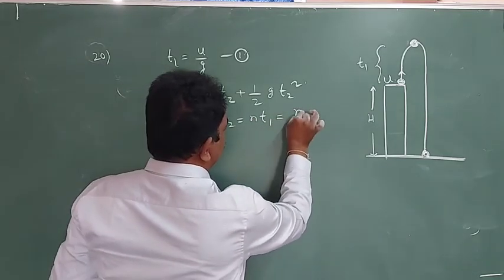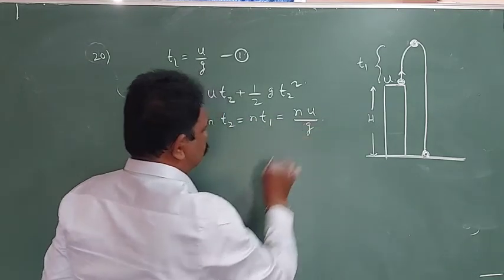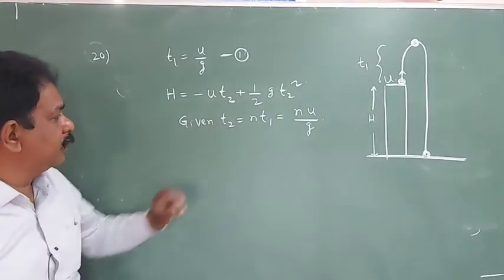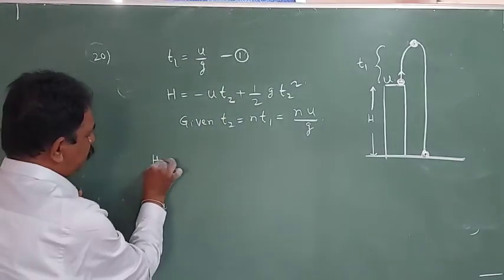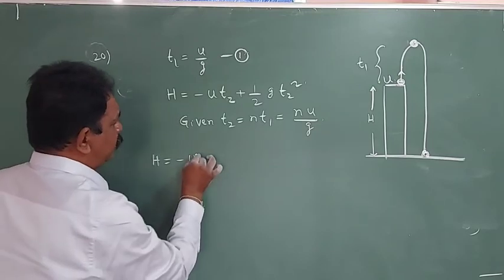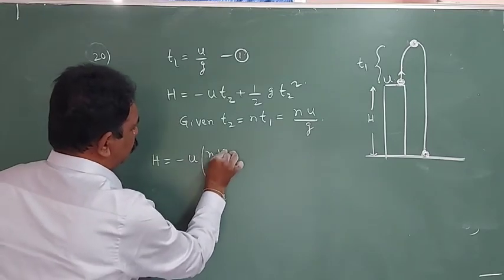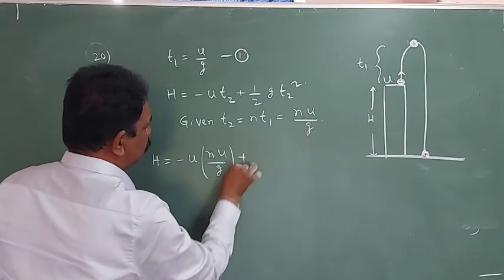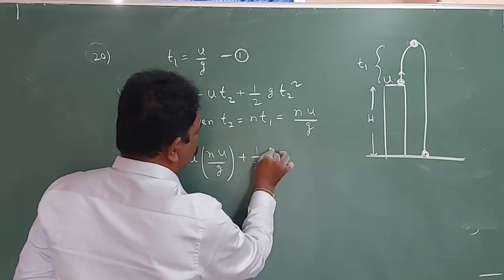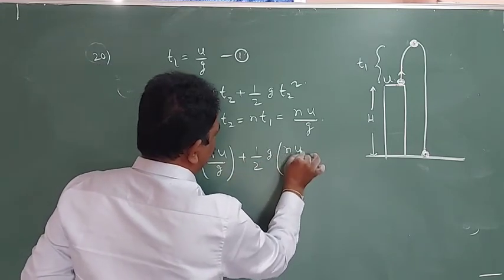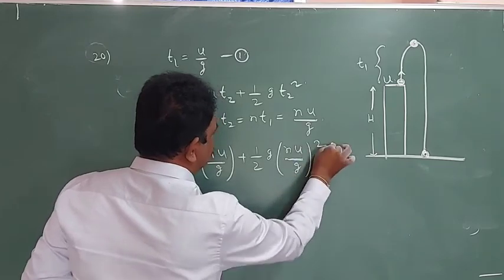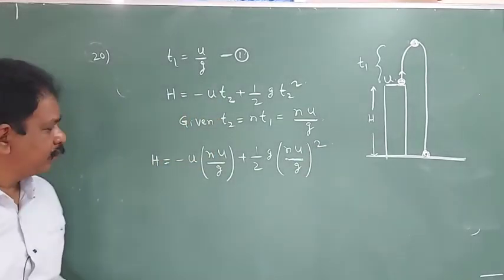So this is n into u by g. You substitute this value here. Minus u into nu by g plus 1 by 2 g into nu by g whole square.